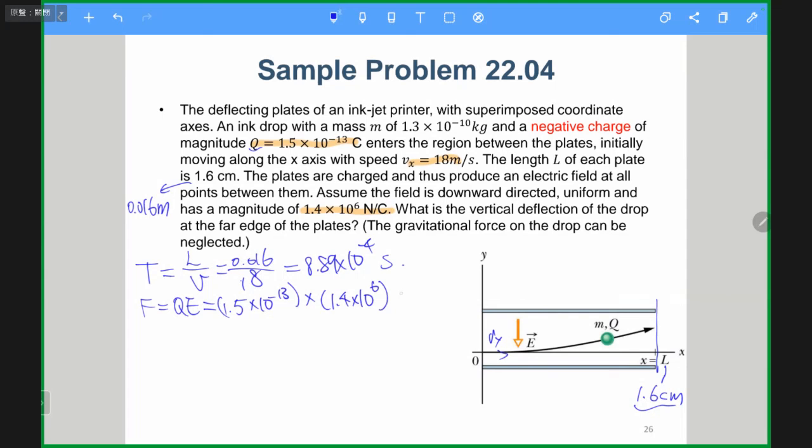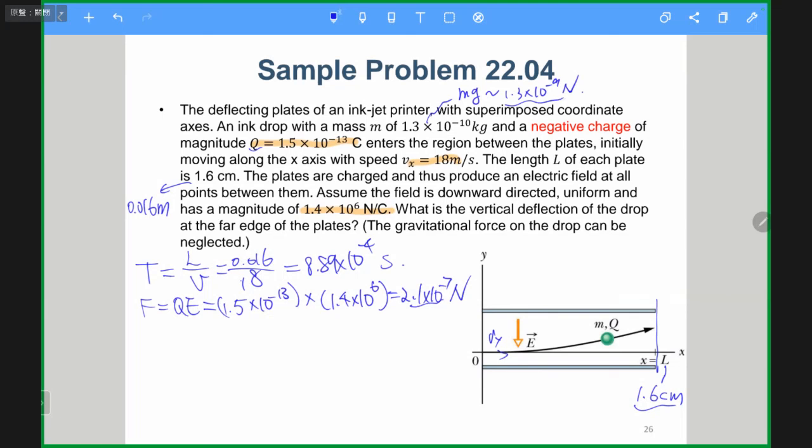So this is 2.1 times 10 to negative 7 Newton. Of course, if you consider the gravitational force, mg, where g is 9.8, or if you consider it as 10 meter per second squared, it is around 1.3 times 10 to negative 9 Newton. So it is much smaller than this one.